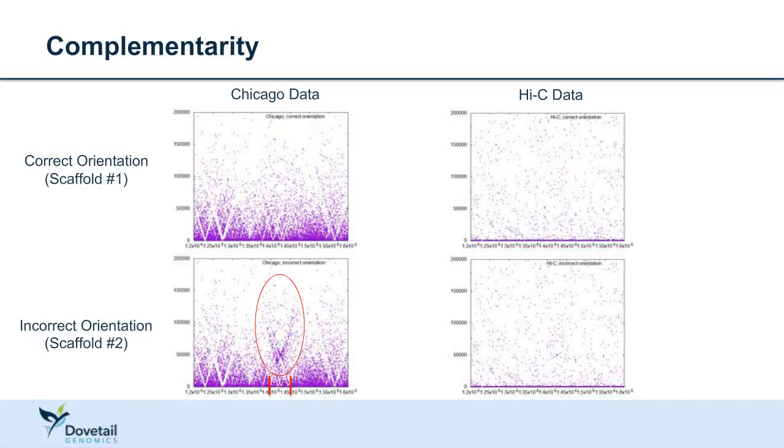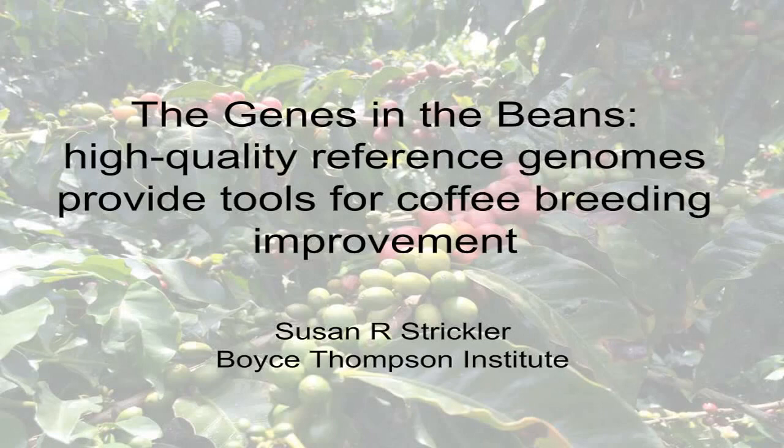To close my talk, the intermediate scale information that you get from Chicago data is especially useful if you have a very fragmented starting assembly, because you will be able to go in, find regions like this, and correct them. Unfortunately, we won't be able to correct this if we jump straight into Hi-C with a very fragmented assembly.